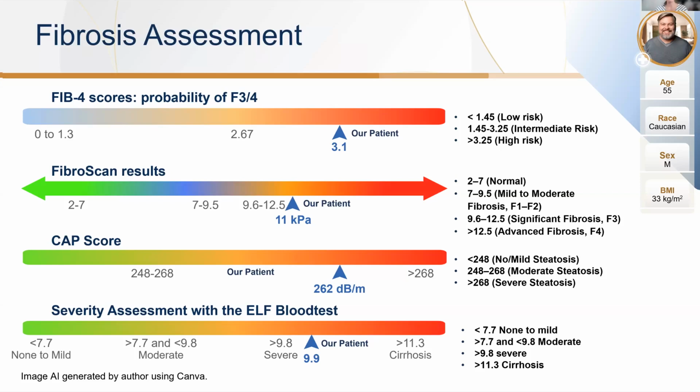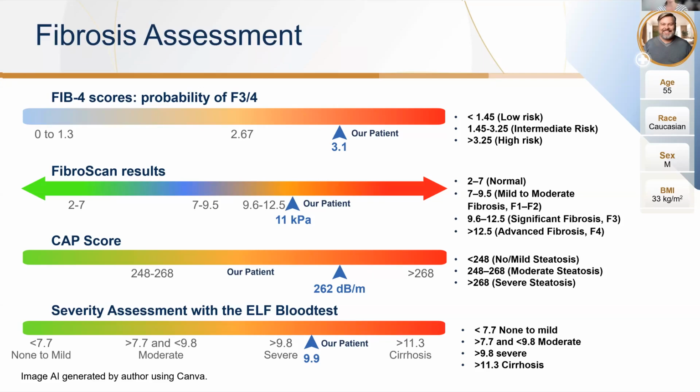And what I love about these results is that we have different modalities saying the same thing. So it's not just 2 blood tests. I would be a little bit more suspicious if it was maybe the ELF blood test and the Fib4 showing an F3 and then my FibroScan showing an F4.